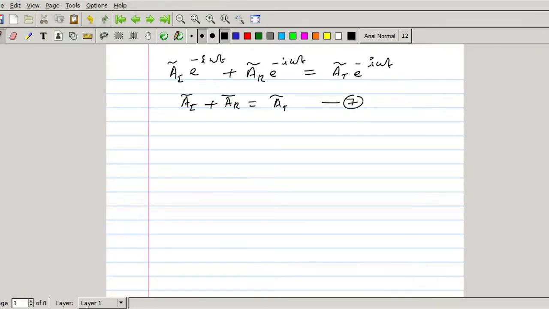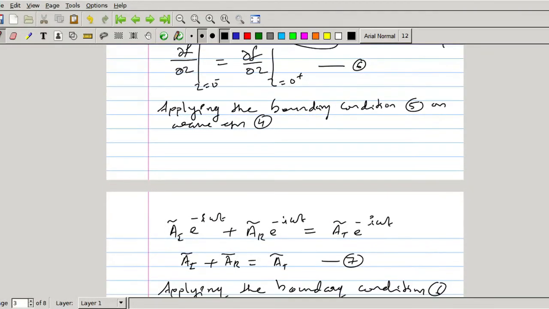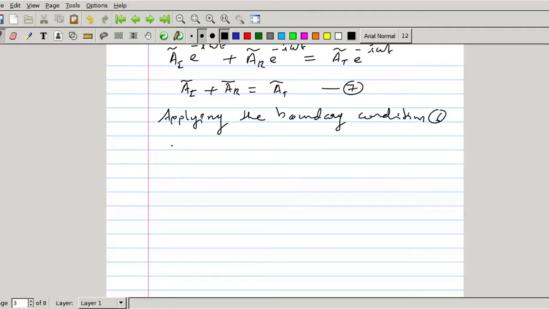Now apply the second boundary condition, boundary condition 6, on wave equation 4.